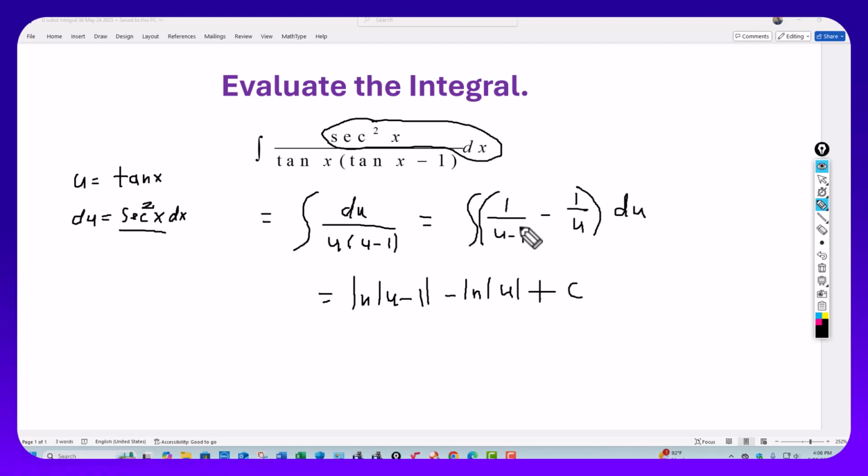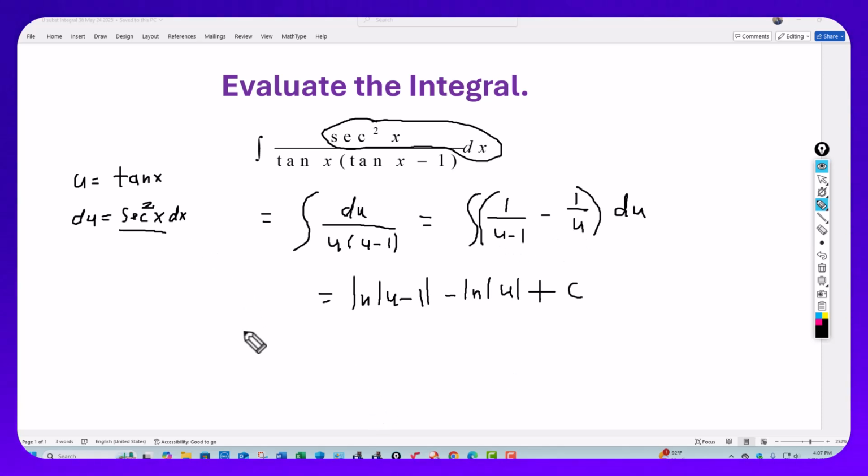But as long as the derivative of these denominators is 1, and you only have constants in the top, you don't have a variable up here, then the integration will always involve the natural log of the absolute value of whatever you have in the denominator.